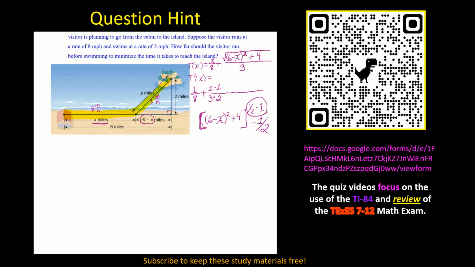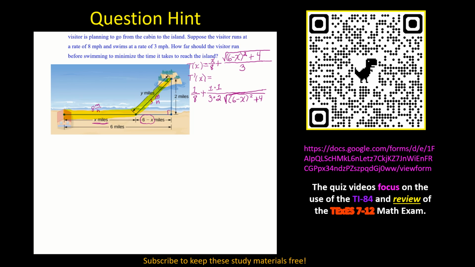So we bring down that entire term: (6 minus x) squared plus 4, to the negative 1/2. Now that just takes care of the outside. We've taken the square root, and we've taken the first derivative of that square root, the outside.